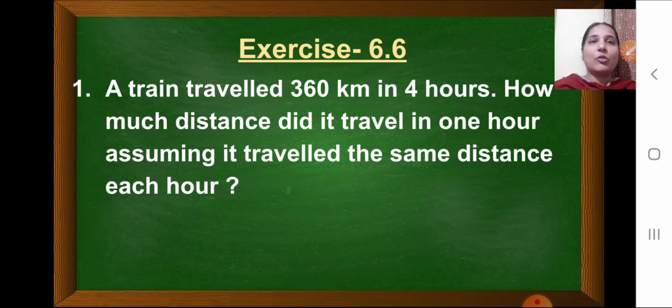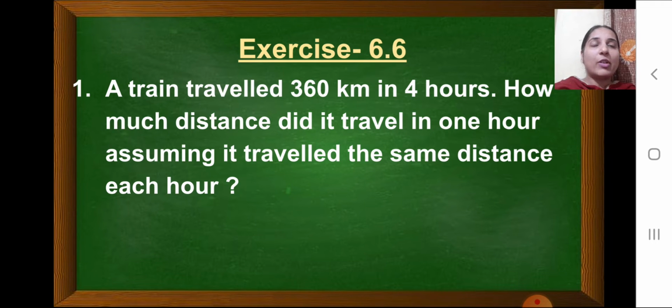So let's start with question number 1. A train travelled 360 km in 4 hours. How much distance did it travel in 1 hour, assuming it travelled the same distance each hour?